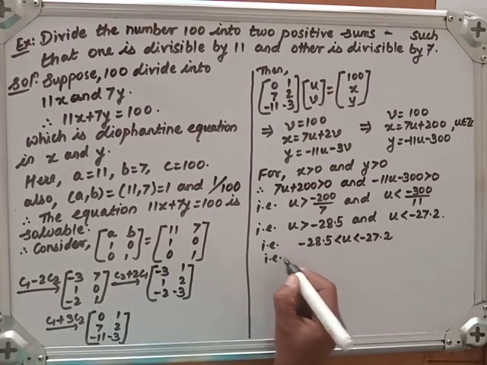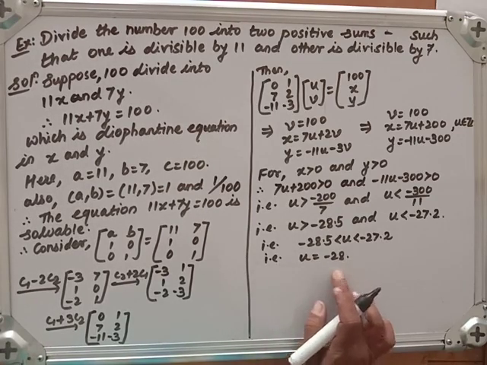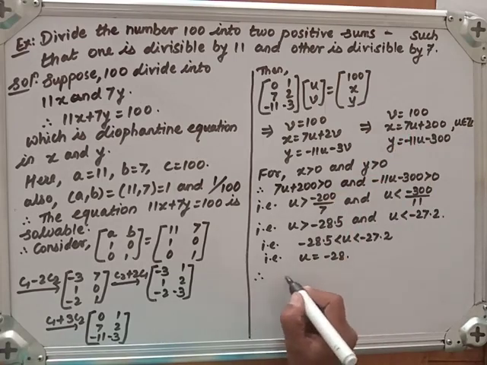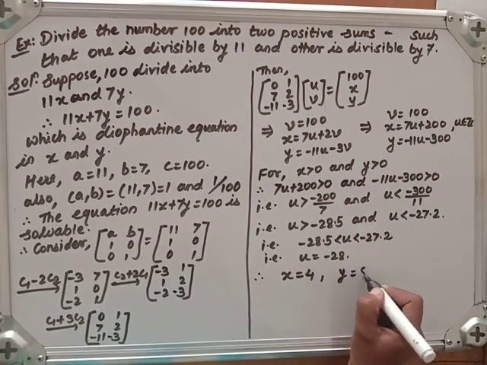That is, u equal to what? Minus 28. If u is minus 28, put that here, we get x is equal to 4 and y is equal to 8.